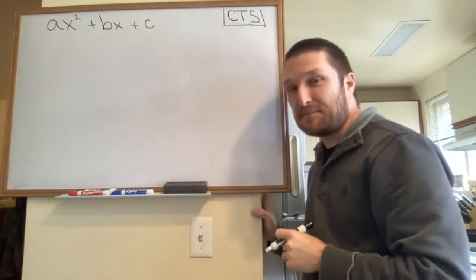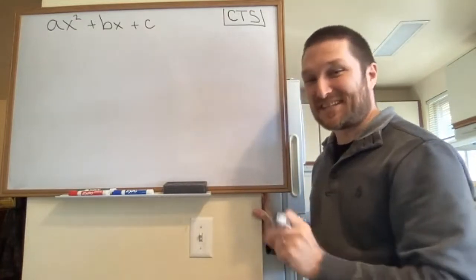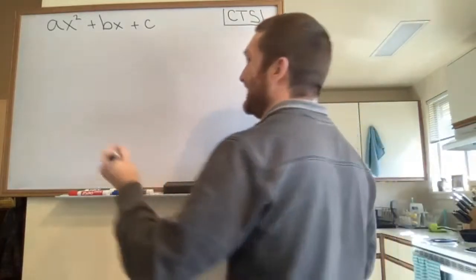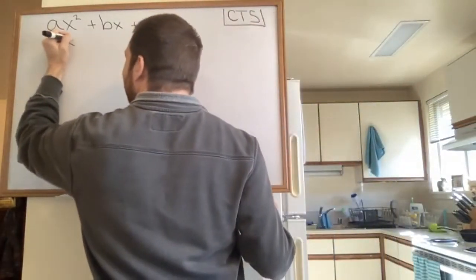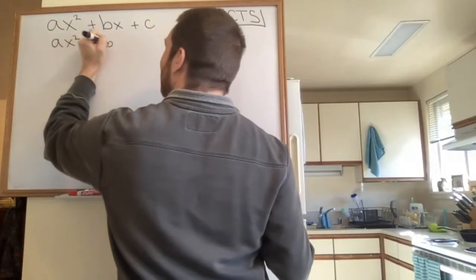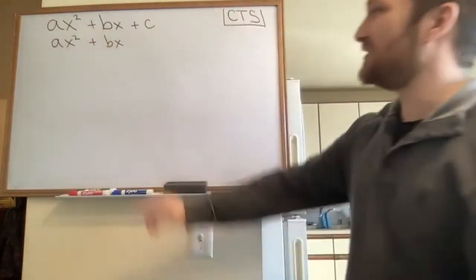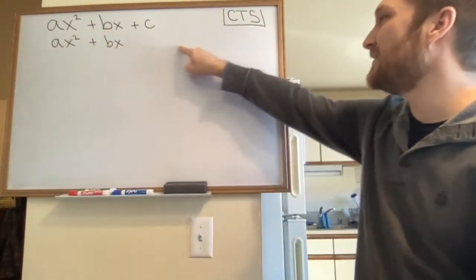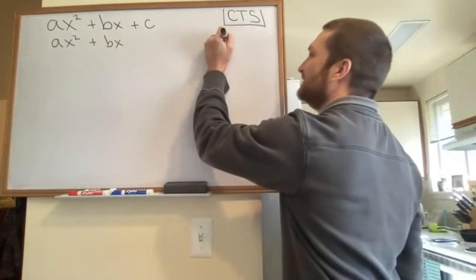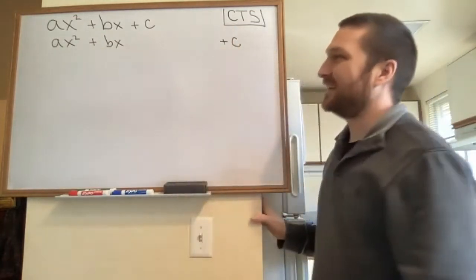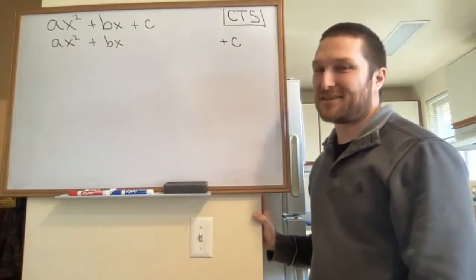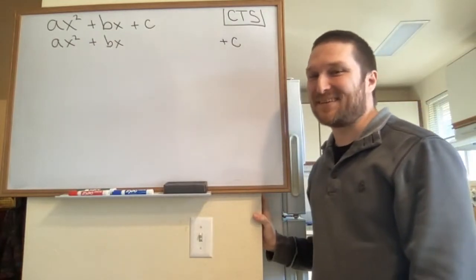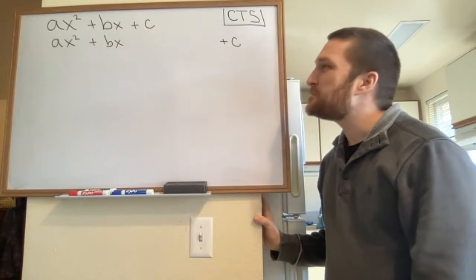The first step, you're going to hate me for this. You copy this down, just like this. And your very first step is you write this C over here. Trust me on this. This will help you out.